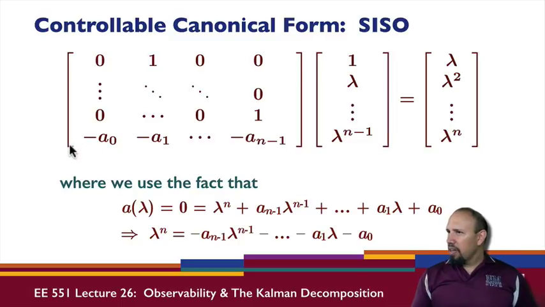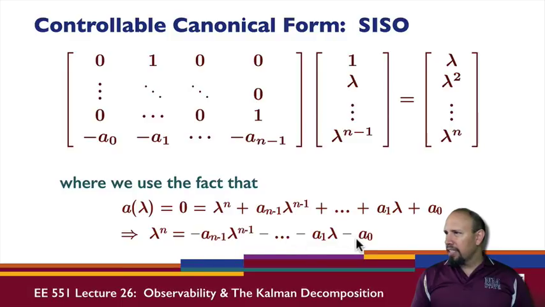So where this row times this column comes in is the fact that the characteristic polynomial for the system, so remember these coefficients are the coefficients of the characteristic polynomial. Since lambda is a root of the characteristic polynomial, then if I plug lambda into the polynomial, I get 0. But this is the polynomial evaluated at lambda, so I can solve for lambda to the n. And lambda to the n is all of this stuff.